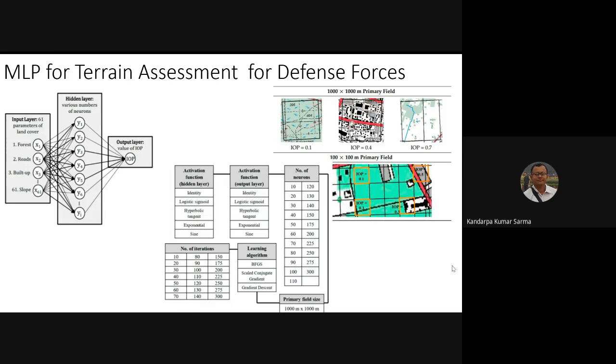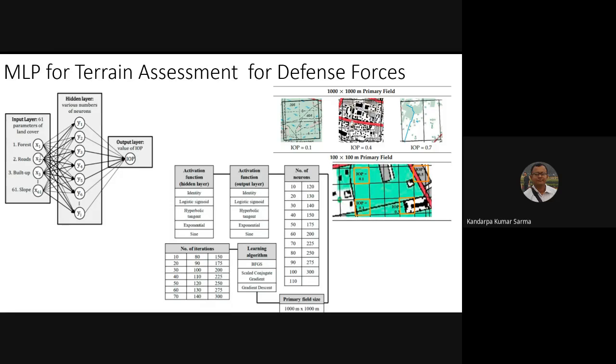So they can also use the multi-layer perceptron to have a prediction or a visual regarding the terrain on which they are likely to work, likely to be deployed.